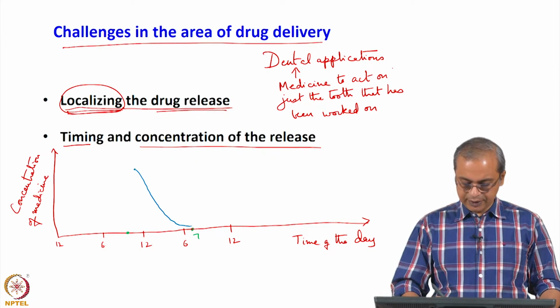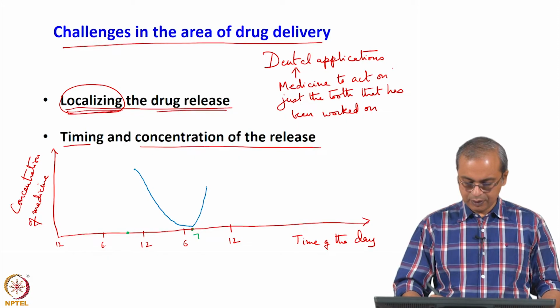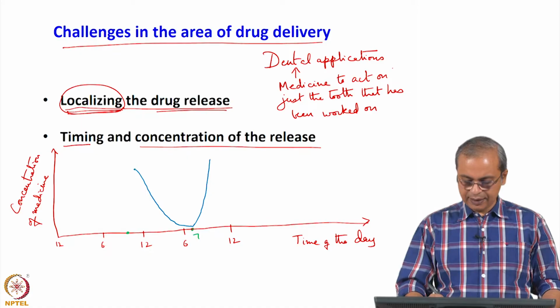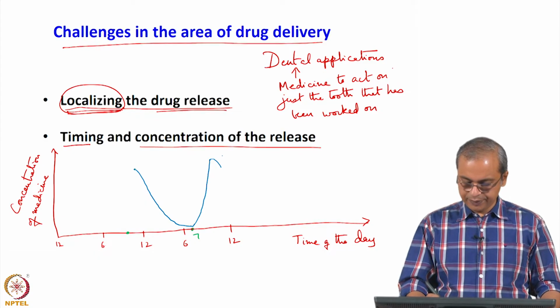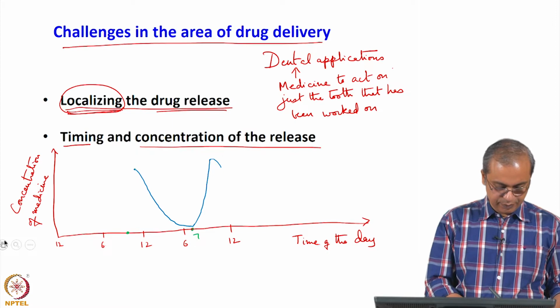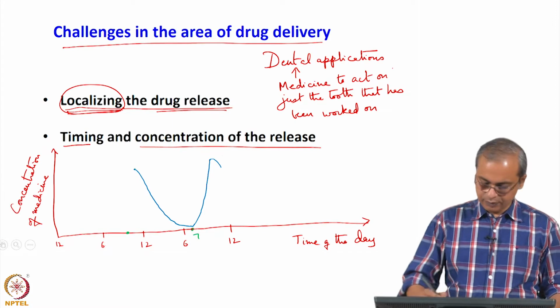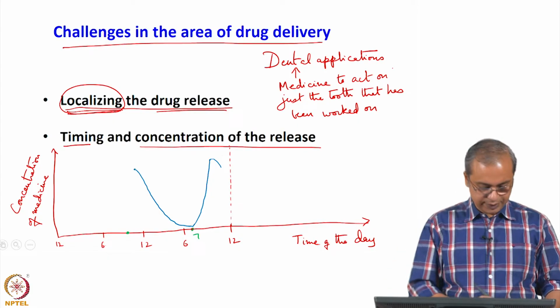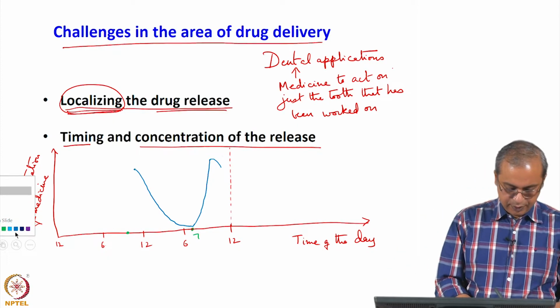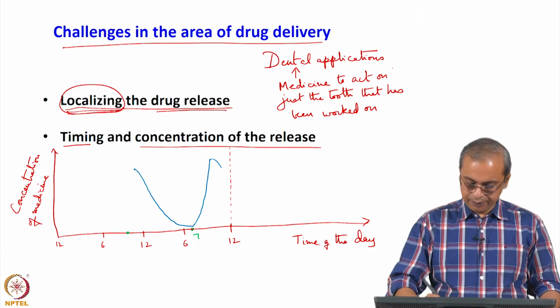So, the next dose again pushes the concentration of the medicine up as quickly as possible, and then it reaches a peak value and then again begins to drop. So, we are already now close to, let us say, the midnight point. So, let us say that is midnight. So, you will see the medicine beginning to drop.